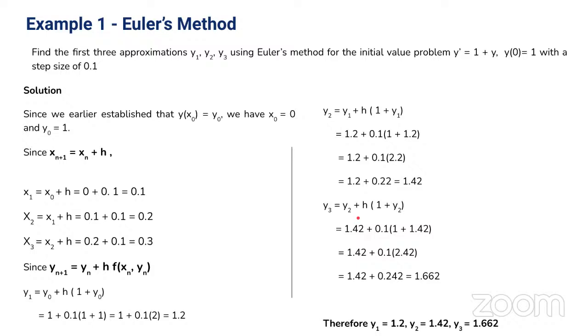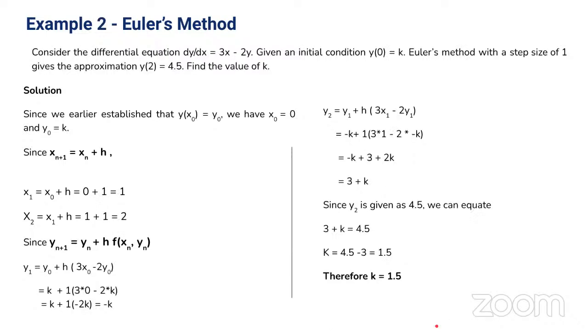And that means that the y values for our first three approximations are 1.2, 1.42, and 1.662. Any questions? No, okay, so I'll move forward.